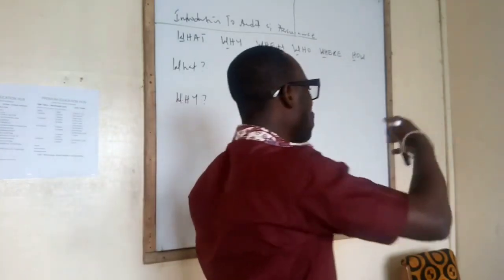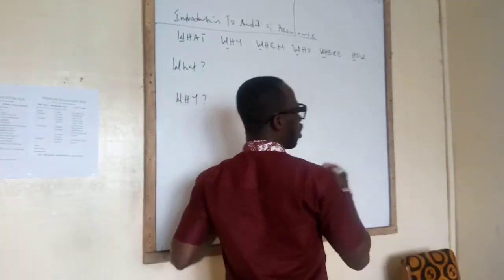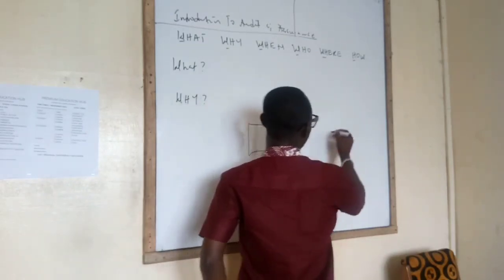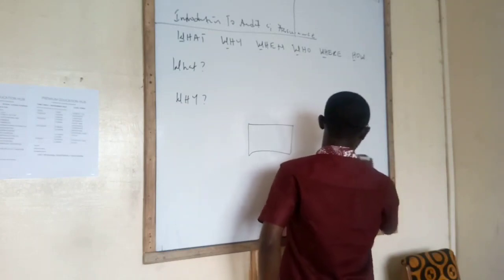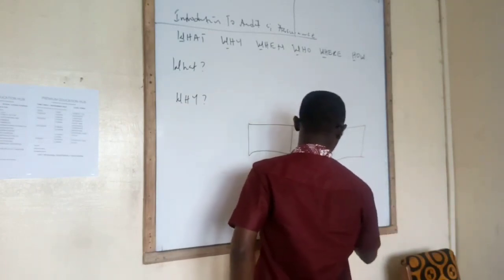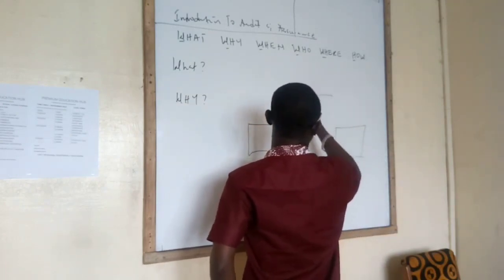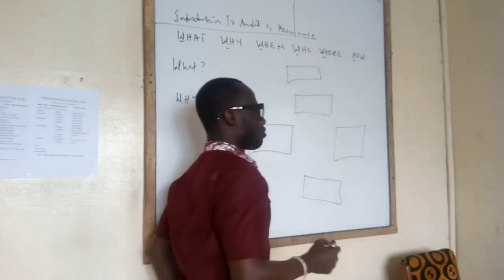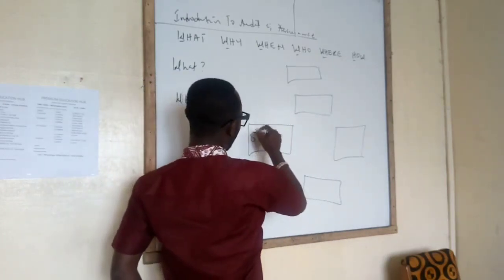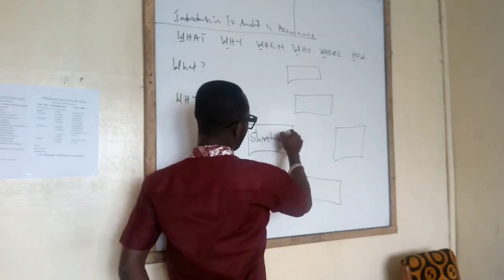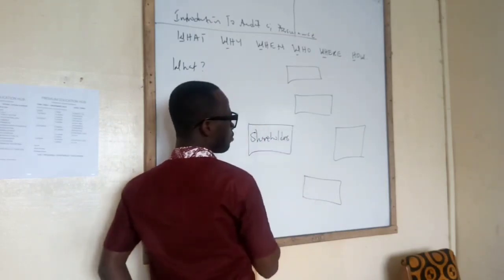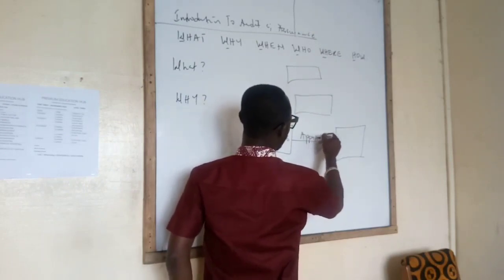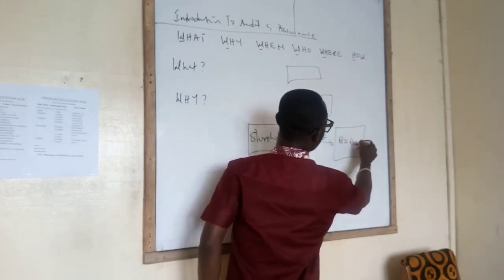Now, this is what happens when it comes to organizations usually. So this diagram is going to represent what's really happening in organizations. We have shareholders on one side, and they appoint a board of directors.